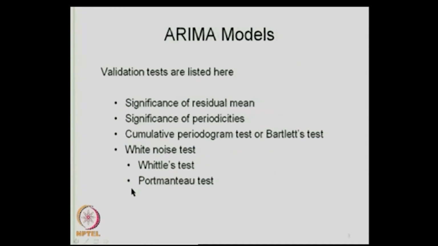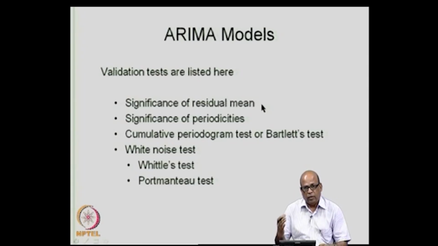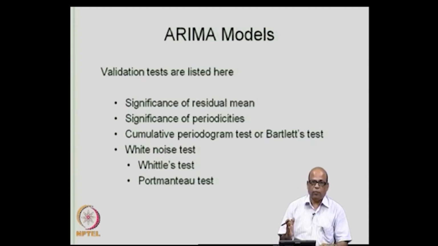On this sequence of E t, we do the following validation tests. One is the significance of the residual mean. What we want to test here is that the mean of the residues we obtain is 0, but obviously it will not be exactly equal to 0. Therefore, the mean should not be far away from 0.